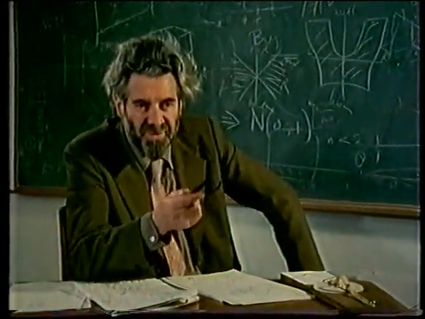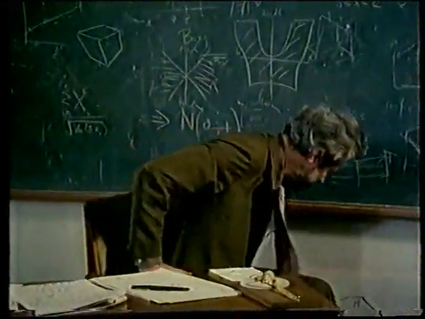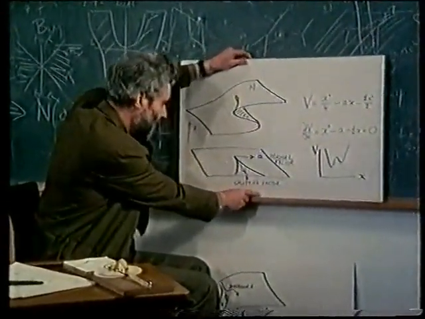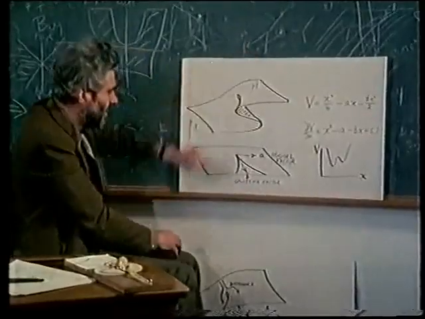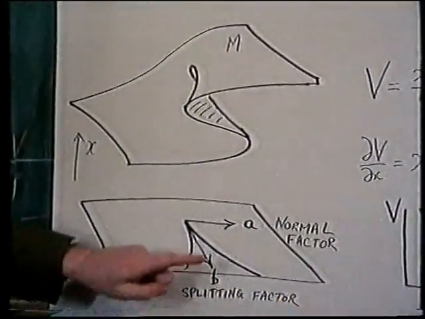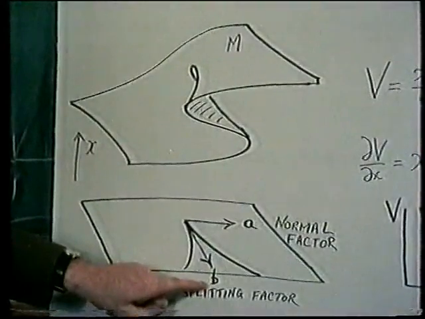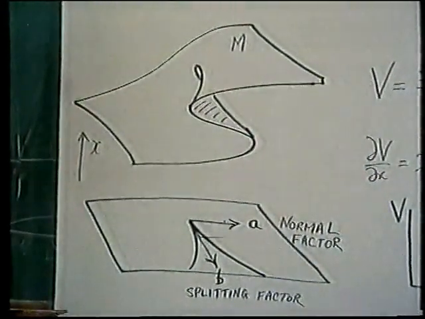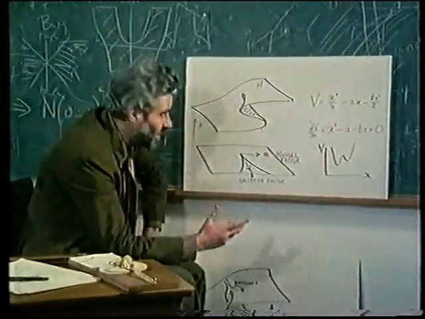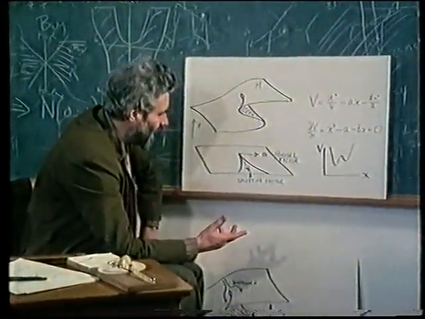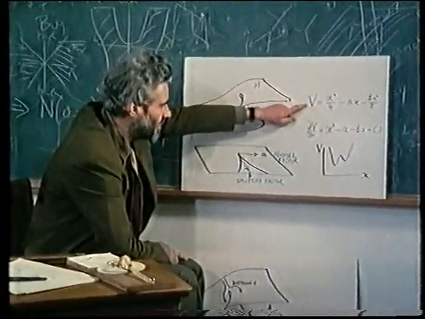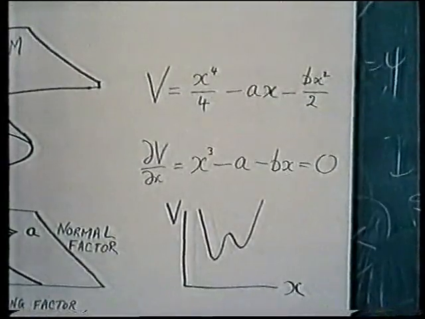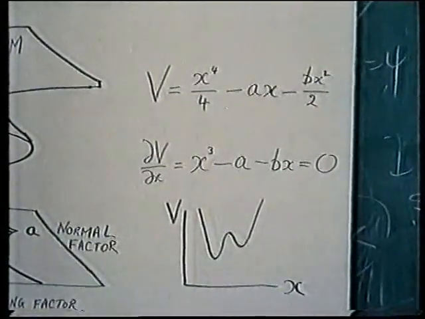We must now turn this into mathematics. It is possible to choose coordinates a and b in the control space and suitably scale the coordinate x here, such that the energy function in the elastic bands, V, is given by this formula: x to the 4th over 4 minus ax minus bx squared over 2.